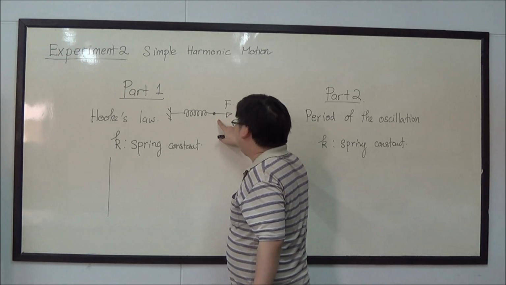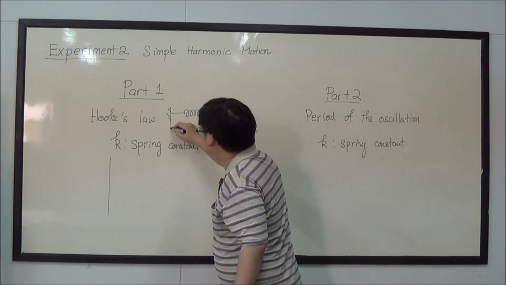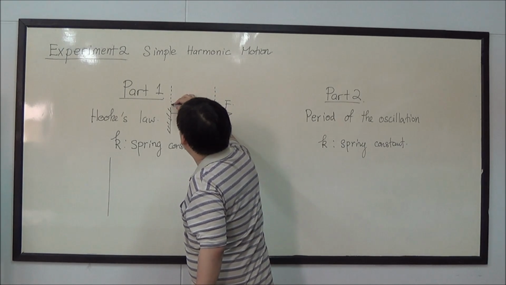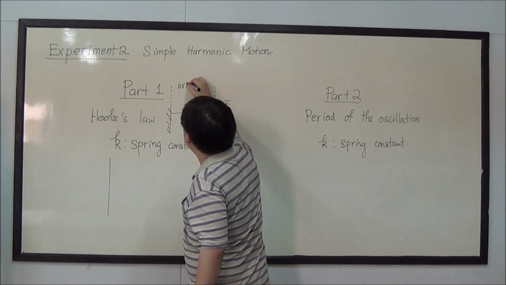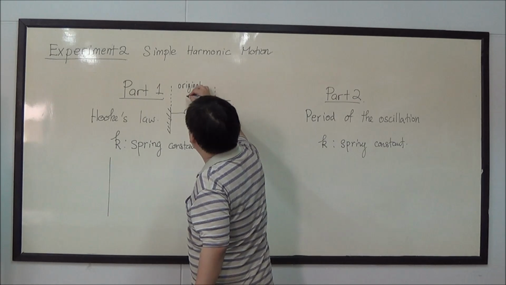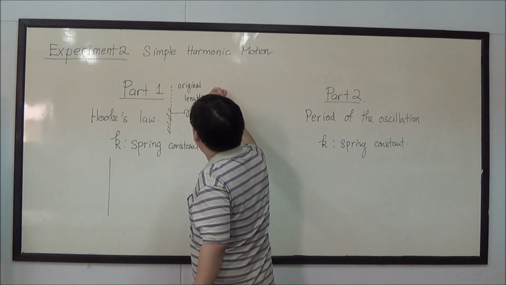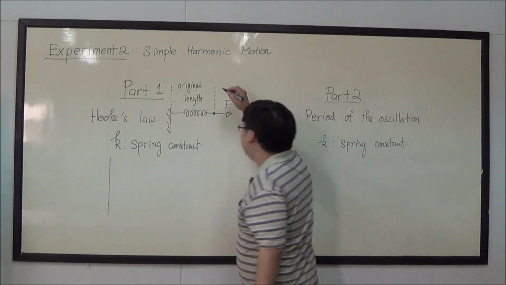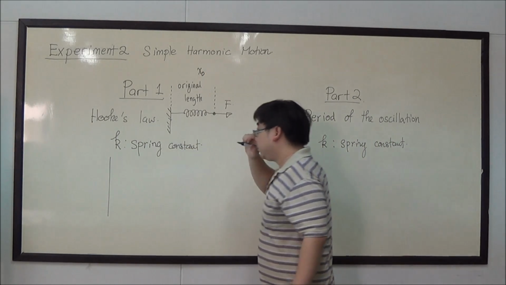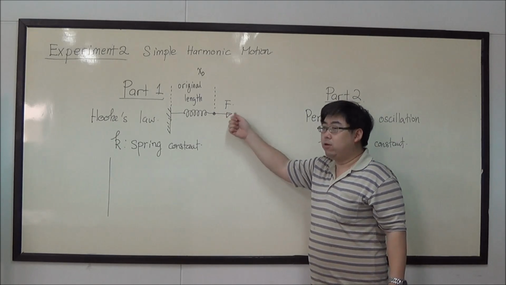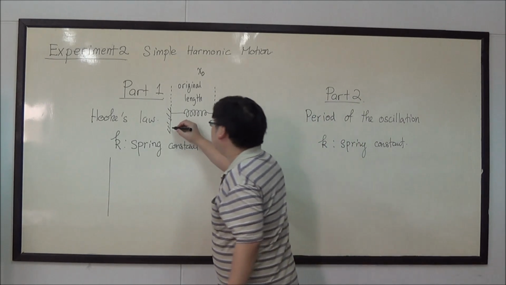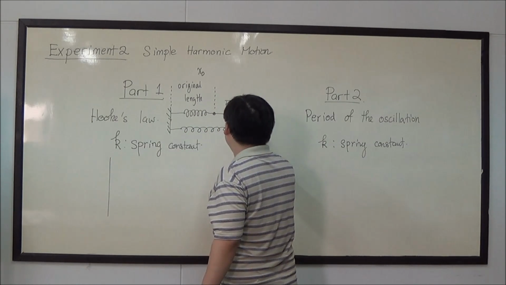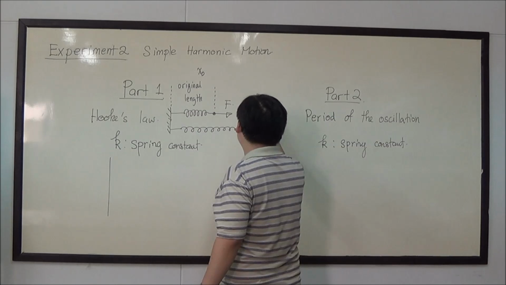And we know the extension. This is the original length of the spring. Let's call it x naught. And when we apply the force F, we all know that the spring is going to stretch out.